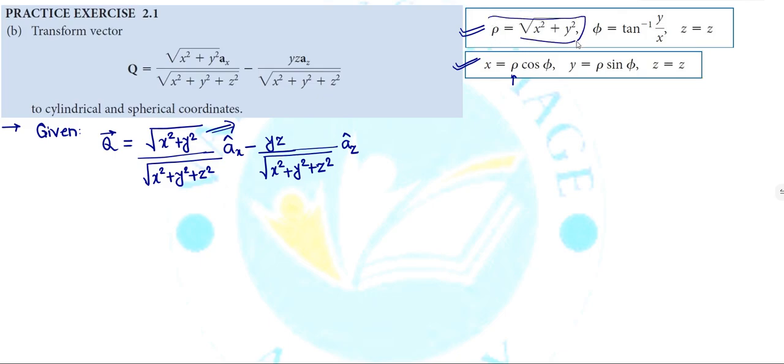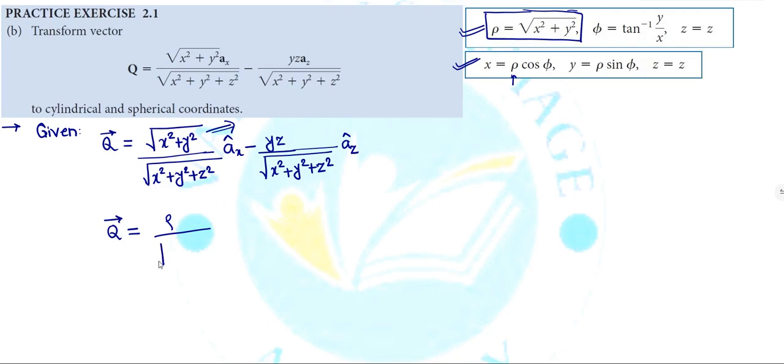So we have this very first value over here for the square root of x square plus y square. Rewrite that one. Your given vector Q will be the square root of x square plus y square, which we have as rho over here. So put that rho within your given vector expression.